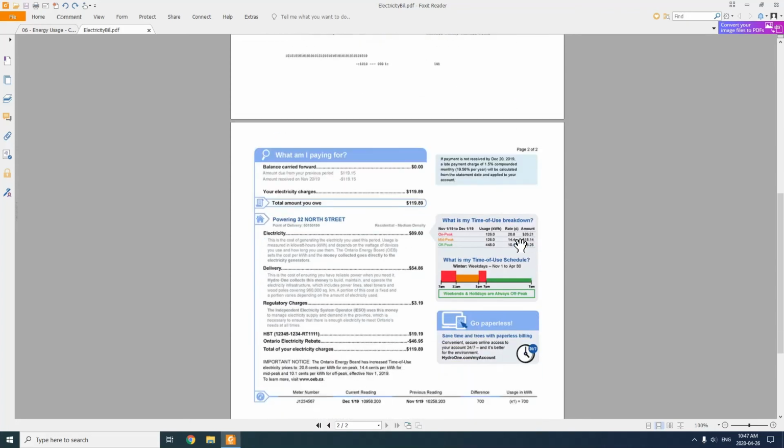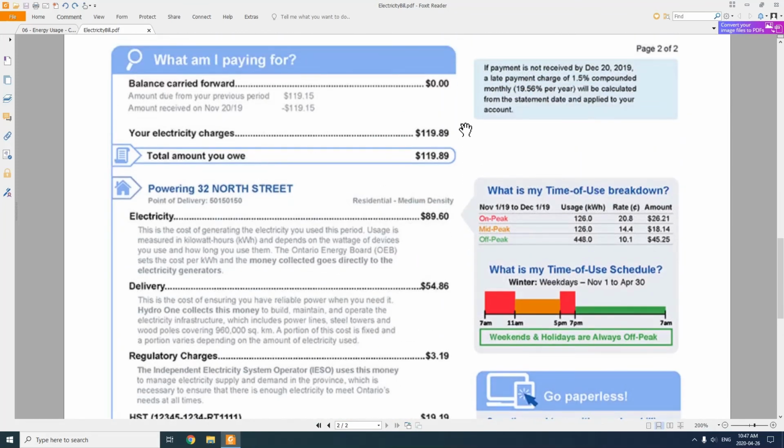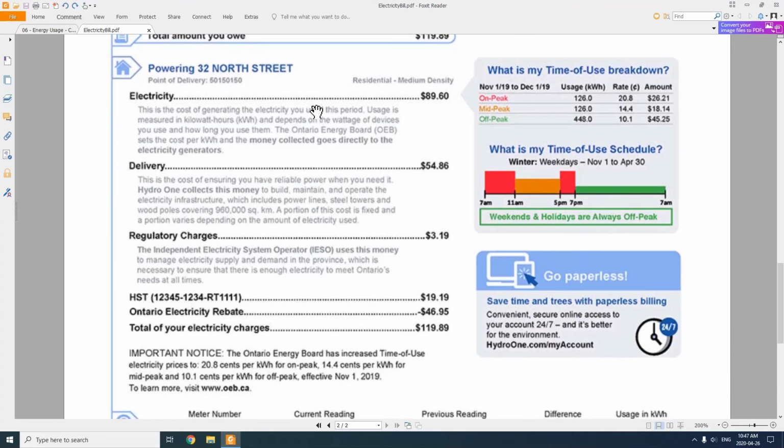All right, if we flip onto the back, it actually gives us some more detailed info here. Here it's just, how much did they owe? Where was that coming from? So in this case, about $90 for the electricity. Delivery charge, they paid about $55 for delivery. That pays for the power lines, the transformer boxes, so all of the infrastructure, right?